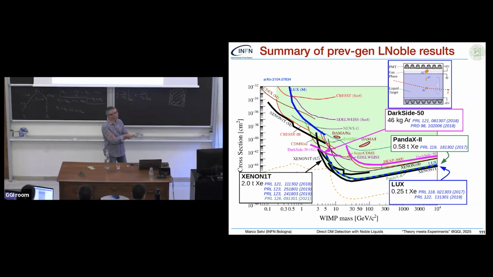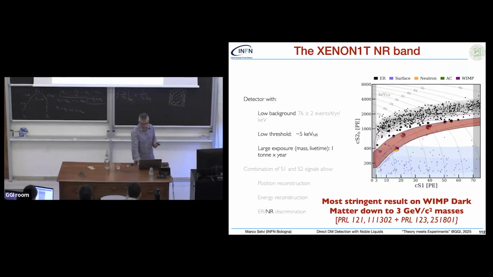We can also probe this region here, but of course, this is under the assumption that the Migdal effect exists. Graciela mentioned it yesterday. This is not yet proved, and also you have to compare apples with apples. Anyway, the previous generation of xenon detectors did a great job, and I want to highlight one point for xenon that, of course, I told you: we want to discriminate between nuclear recoils and electronic recoils.